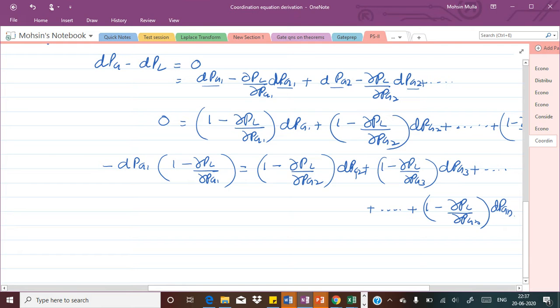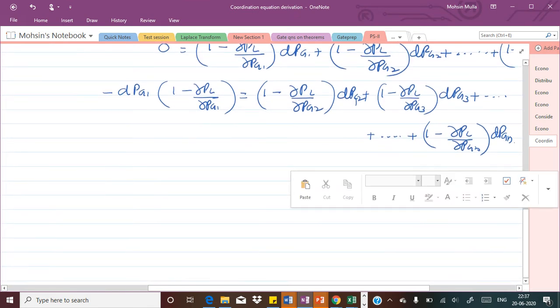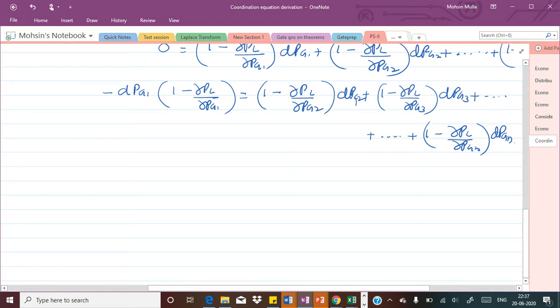Okay, so now here we can take that bracket term to the denominator of each of these terms, just keeping the minus dPg1 on the left hand side. Therefore we'll keep minus dPg1 only on the left hand side.